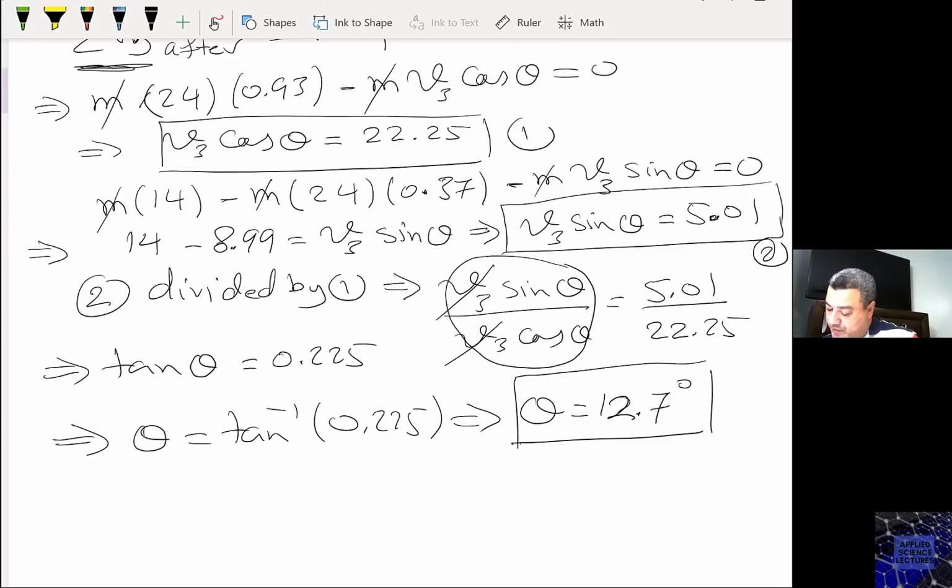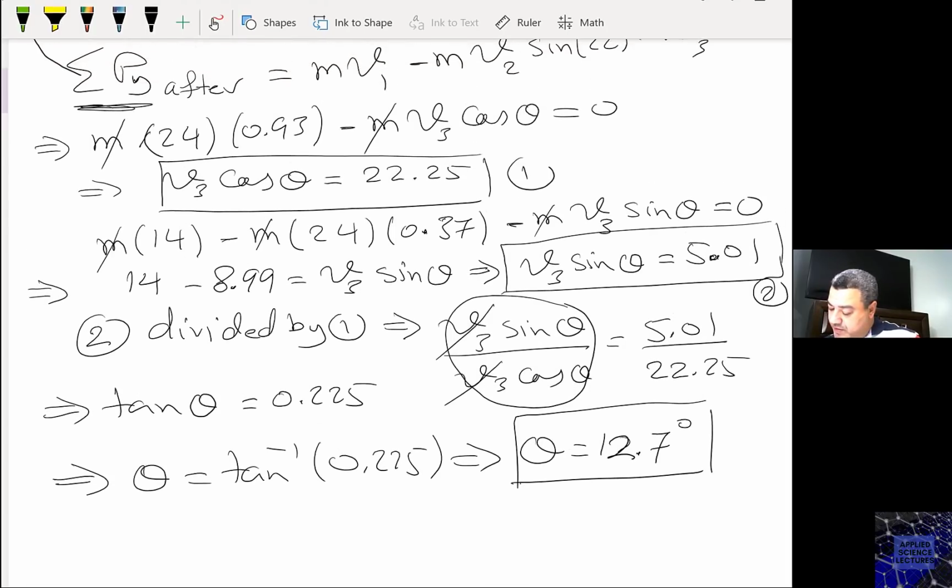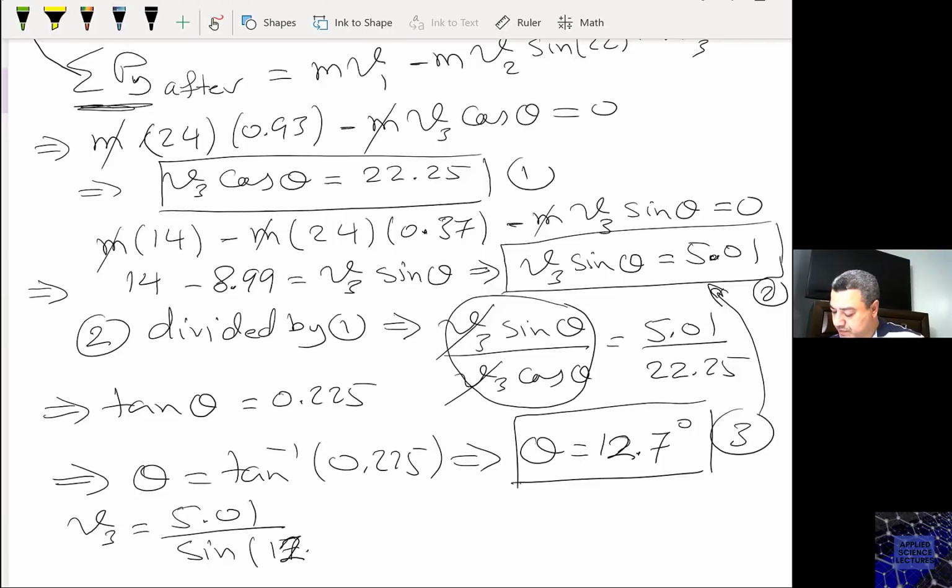Now, if you want to calculate v3, substitute this into here. We get v3 equals 5.01 divided by sine 12.7. v3 is 22.7 meters per second.